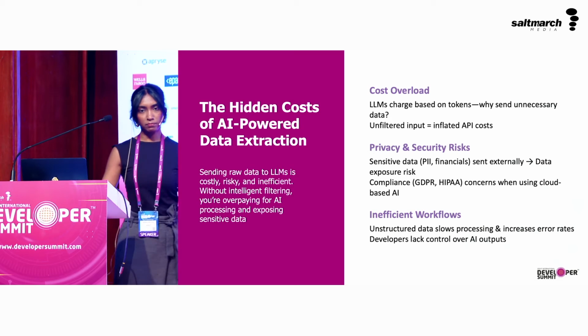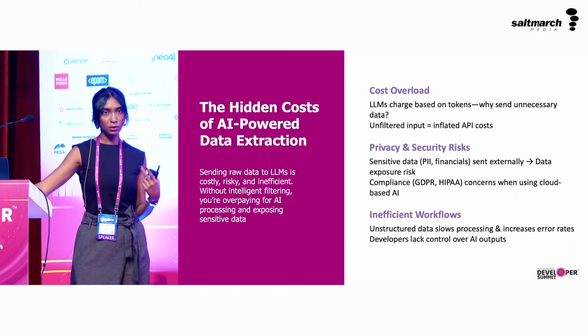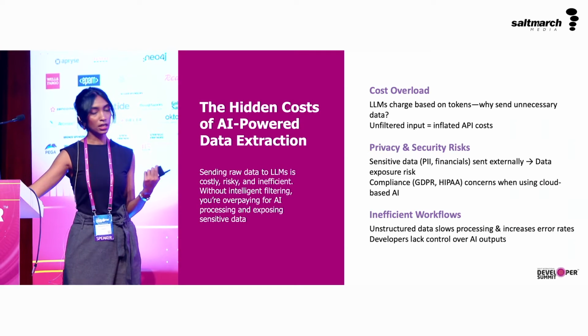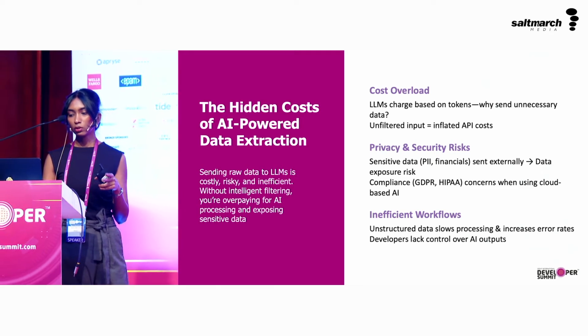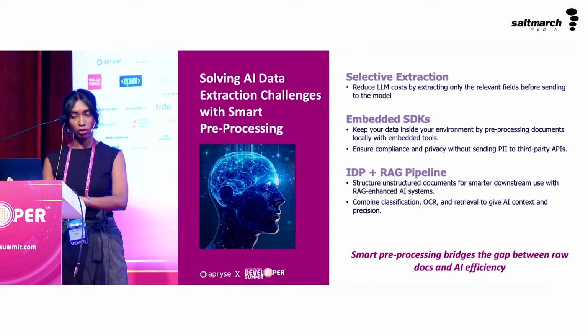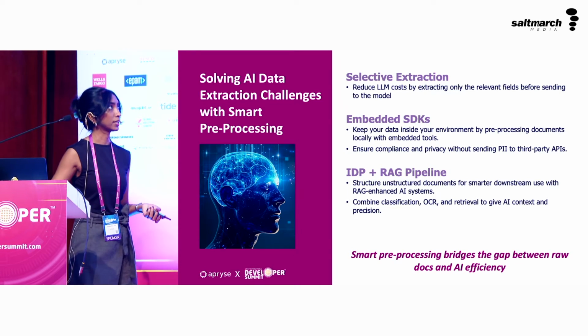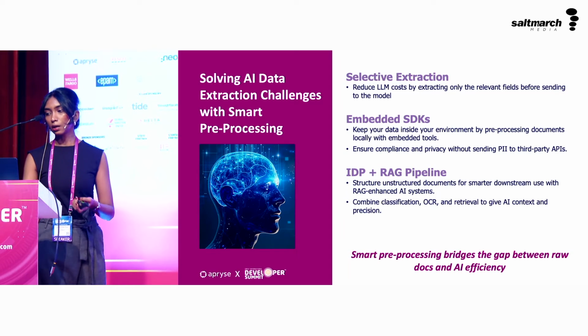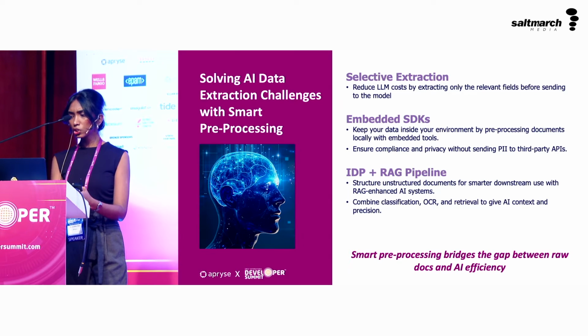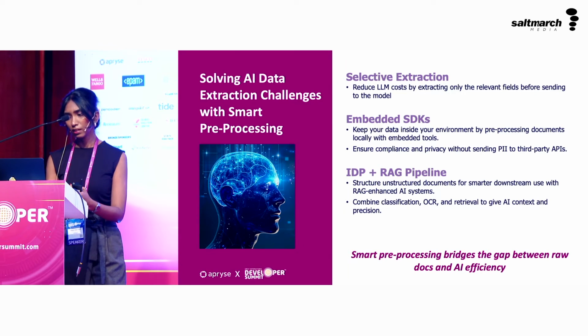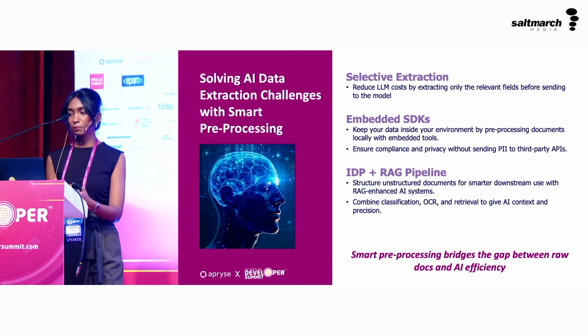So I've identified some of the problems we face when dealing with large-scale LLMs, and now we're going to look at how we can solve them. It's mostly about pre-processing. First, we have selective extraction: instead of feeding the entire document, we create precise prompts that incorporate only the structured, clean data.